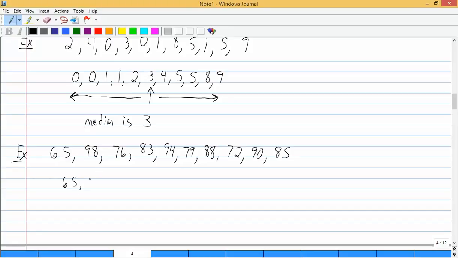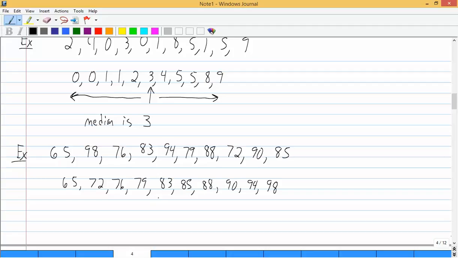So 65, 72, 76, 79, 83, 85, 88, 90, 94, and 98. And then count the number of data items. So we have 10 data items. So that means we're not going to have an exact number in the middle. We're going to have two numbers in the middle.